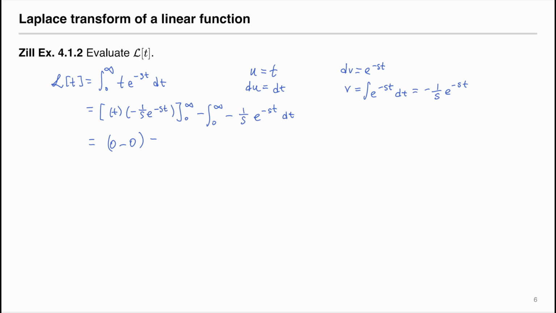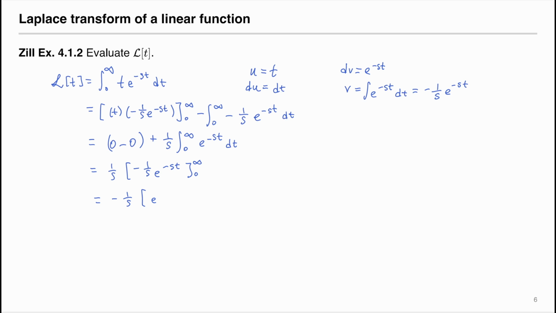Minus goes to plus. And s is a constant, so we take it out and integrate from 0 to infinity of e to the negative s t dt. The integral of e to the negative s t is negative 1 over s e to the negative s t as before, from 0 to infinity. Take out the 1 over s.